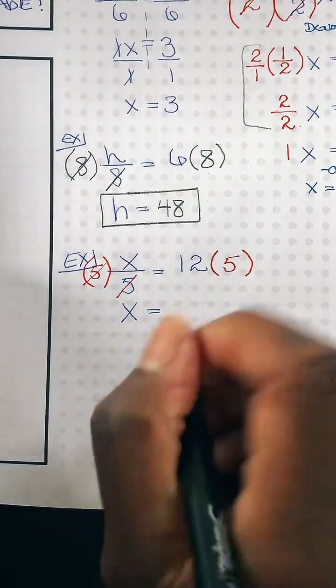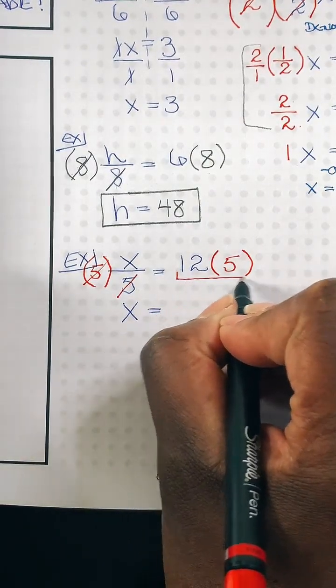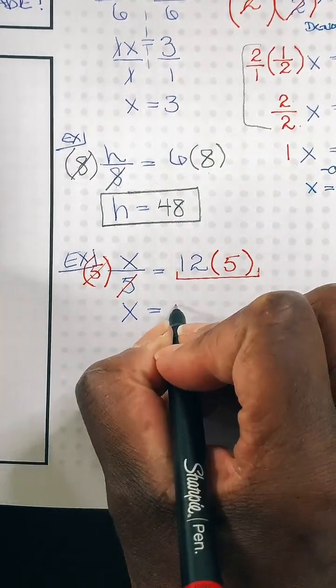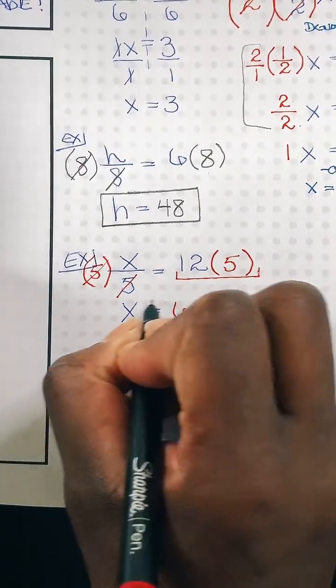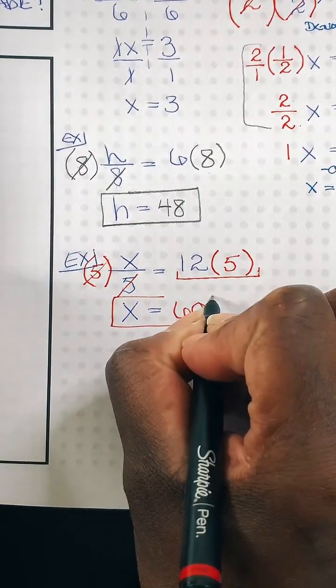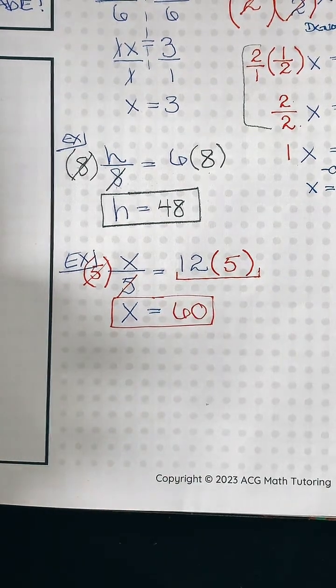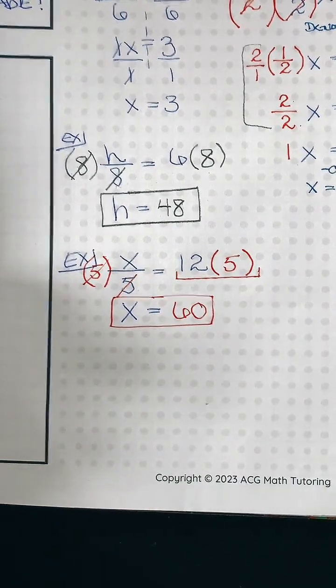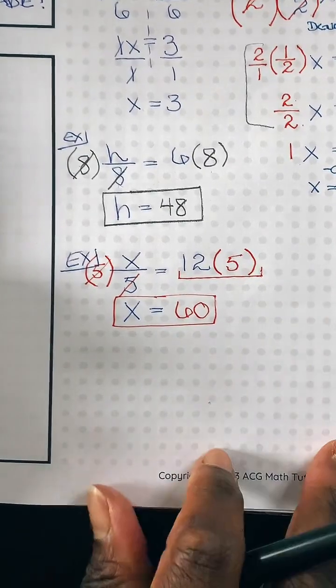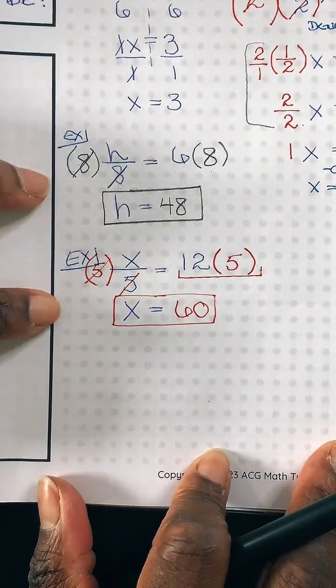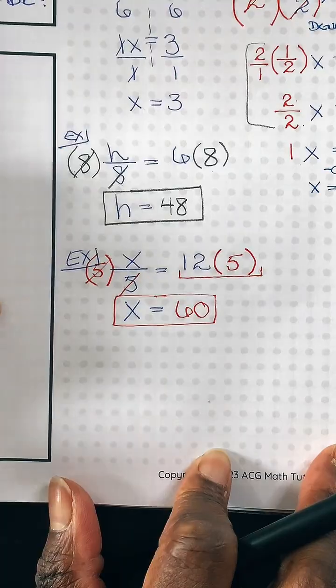On the right-hand side, all we have to do is combine my 12 times my 5, which does give me 60. Nicely done. These are the things that are actually occurring.